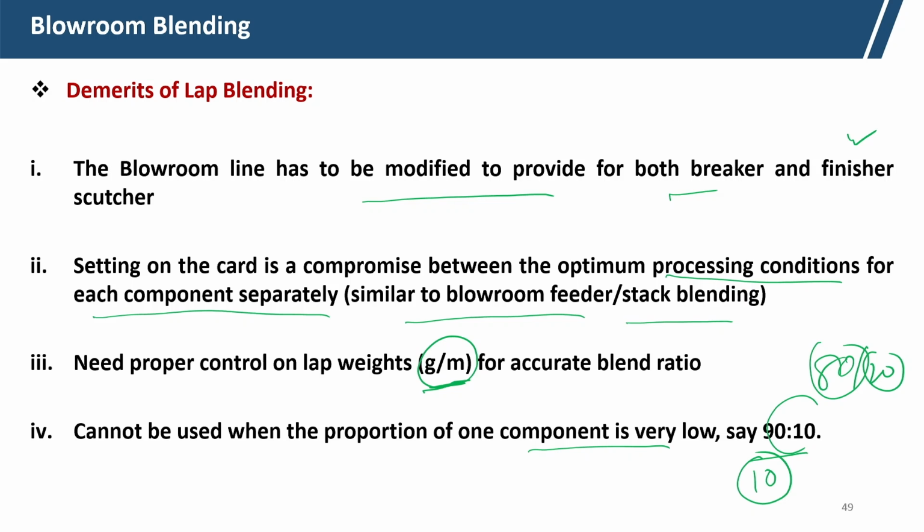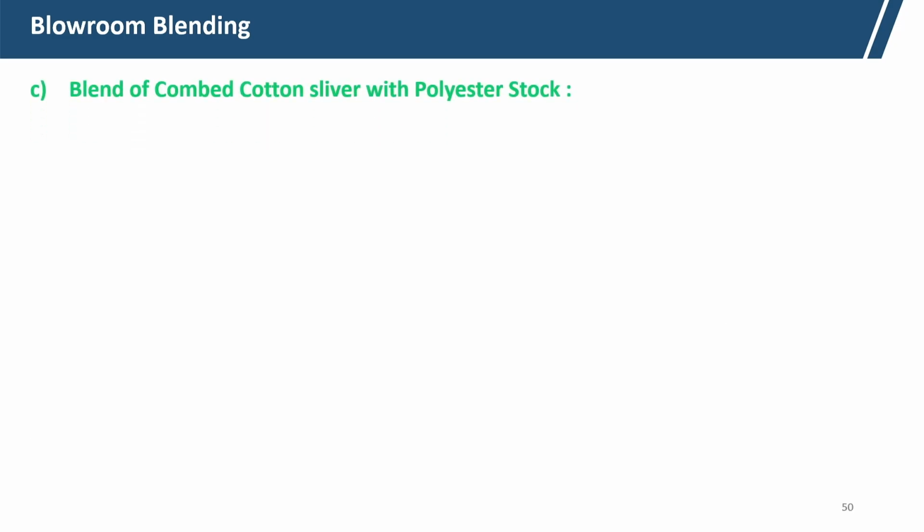So, it requires a larger area. Otherwise we have to have different laps of different linear density or lap weight, and that will have some other problem, you have to set the lap weight. So, that is a problem where one component is very low.